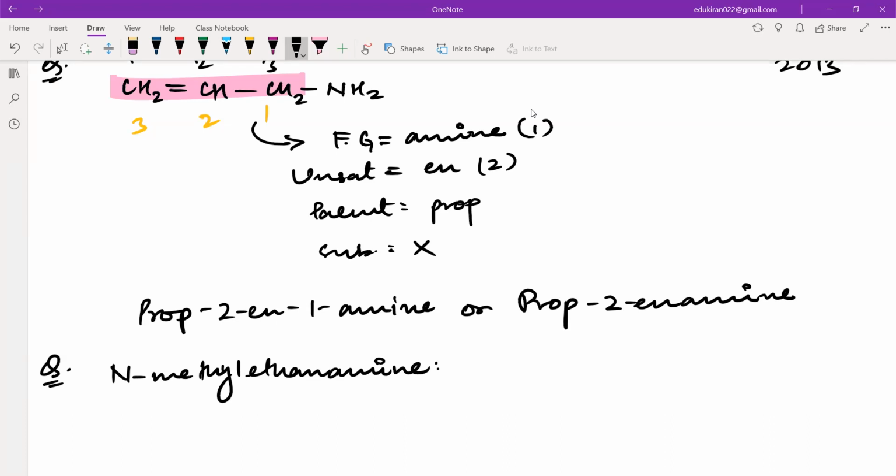Whenever you are writing from name to structure, first you identify the parent and draw the parent. So our parent is eth. I'll write CH3, CH2, and there is an amine group. So CH2 will have the amine group here. And it is saying N-methyl, so it is a 2-degree amine. So there will be NH and there will be a CH3 group here like this. Is that clear?